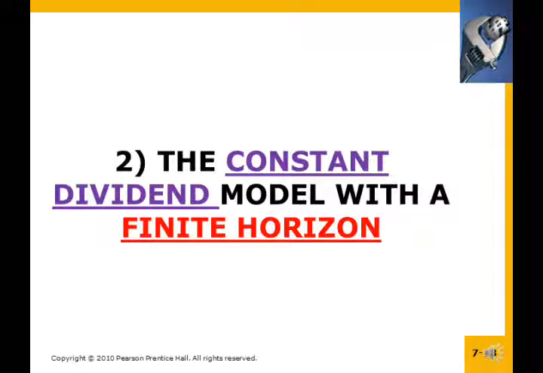The second model is the constant dividend model with a finite horizon. From the title, you have a constant fixed dividend, no growth rate. But you have a maturity date. It's not an infinite one.